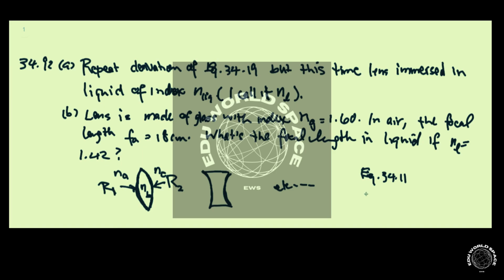And that means that the object distance for the second interface is then minus S1 prime. All of this is given if you read the part where they derive equation 19. So let's continue onwards to rederiving equation 19.